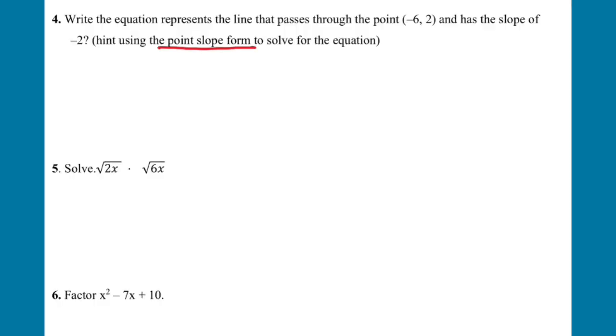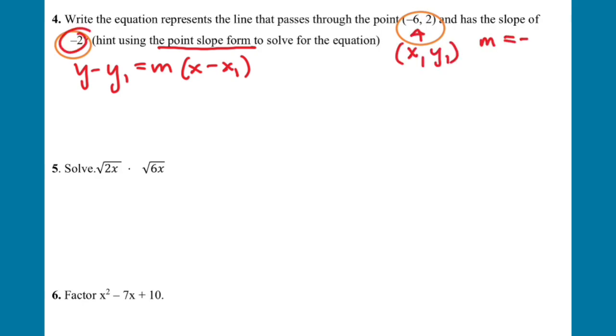Number 4 gives us a point and a slope, and if we have a point right here and a slope, how would we write the equation of the line? Well, we use the point-slope form. Once you have the point-slope form, you substitute in your x1 and your y1 into the correct places and your slope.